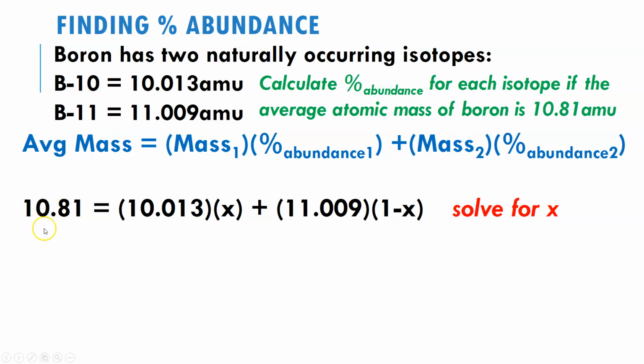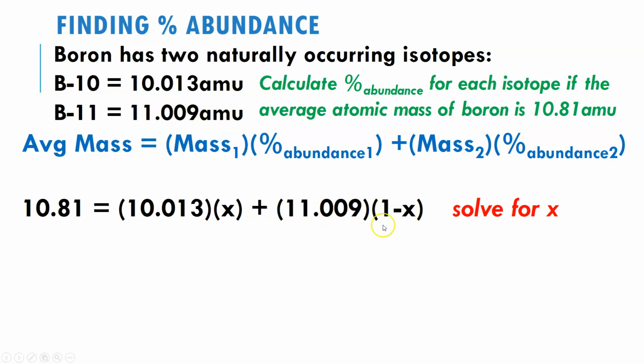So let's plug that in. The average mass was given to me by the problem up here. Mass of isotope 1 was told to me from up here. I don't know what the percent abundance is, so I'm just going to put an X. Isotope number 2, the mass was told to me up here.